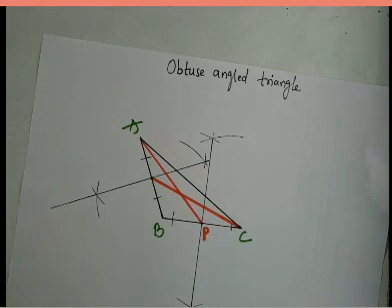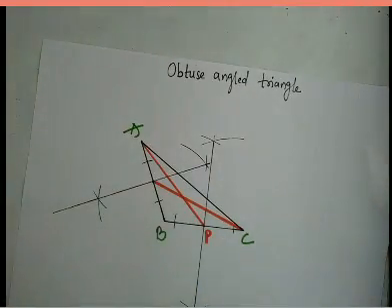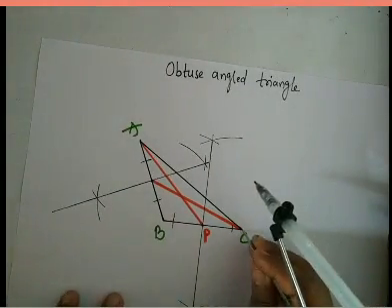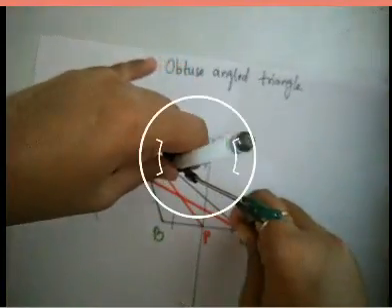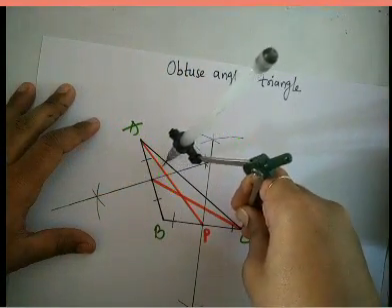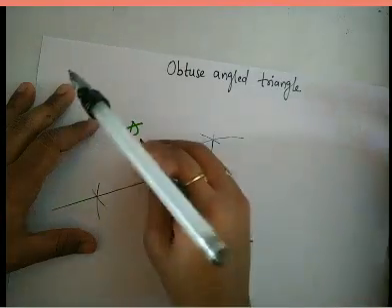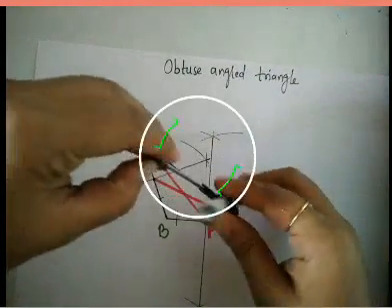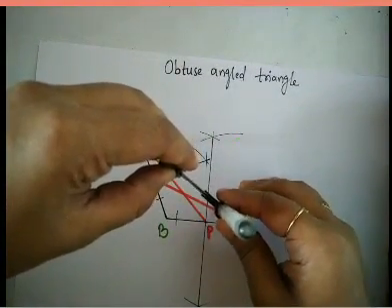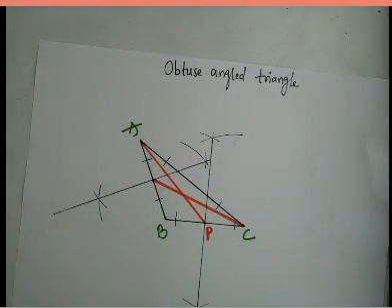Okay, now I'll take the third segment, AC. Keep the pointer on A. Take more than half distance and draw an arc. Without disturbing the distance, keep the pointer on C and draw another arc. So here I have got two arcs.